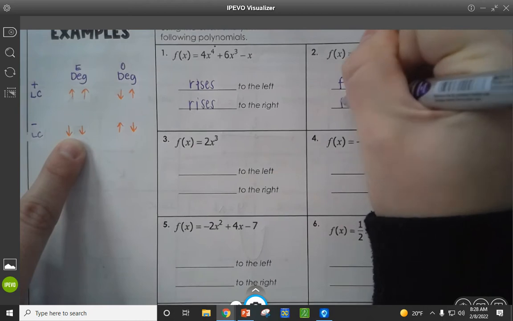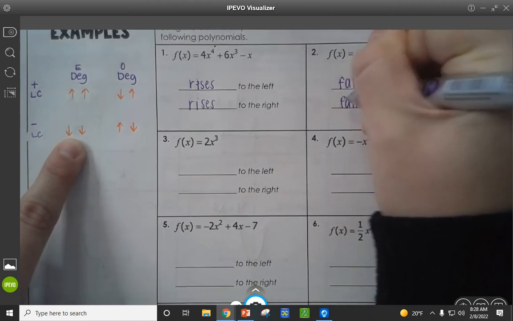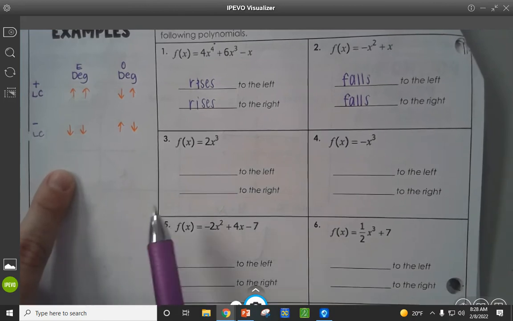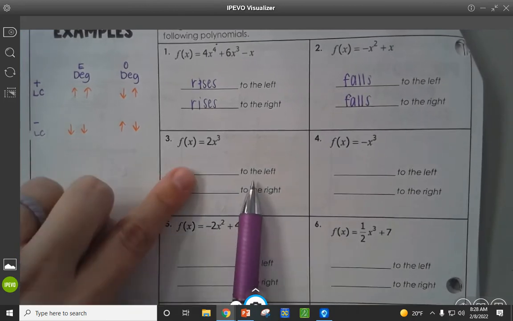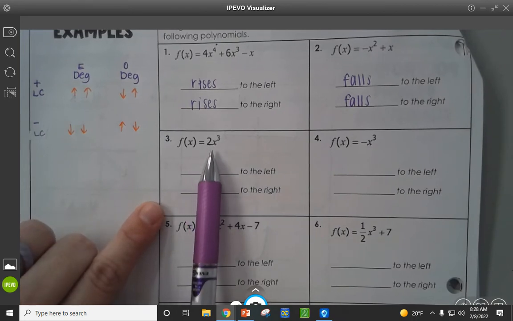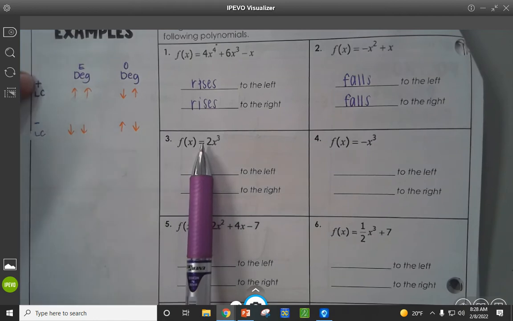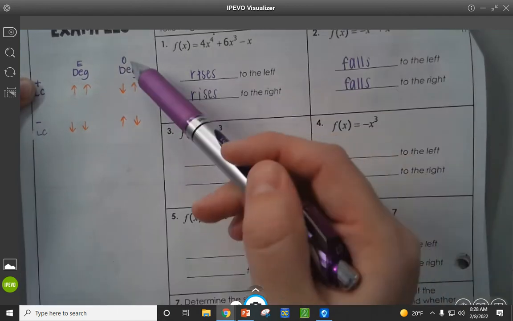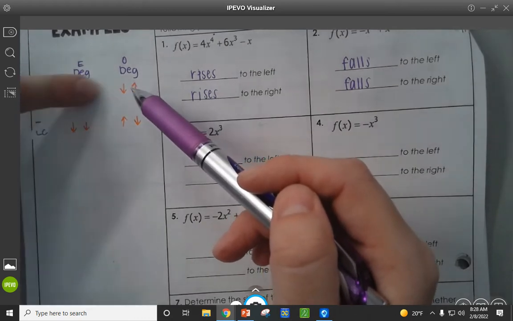Falls to the left, falls to the right. Number 3, leading coefficient, number in front, positive or negative? Positive. Degree, odd. It's a 3. So it would be this one.